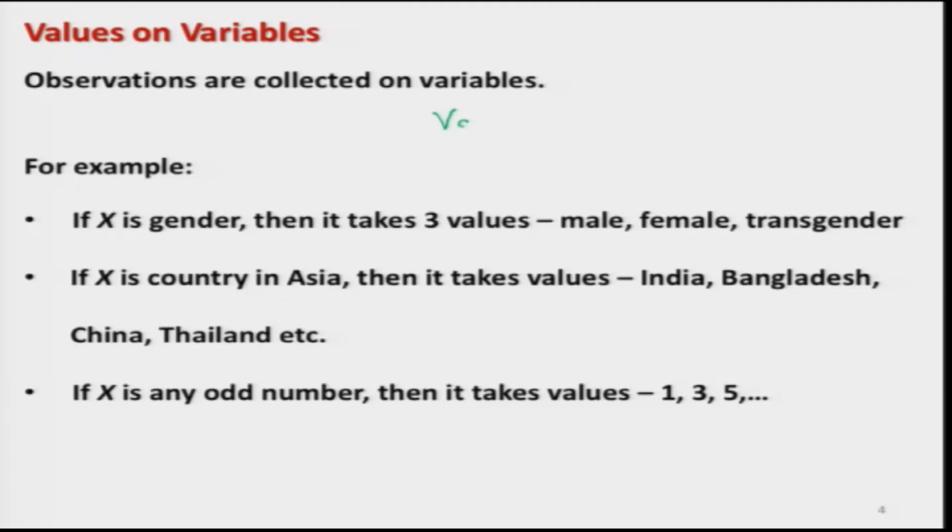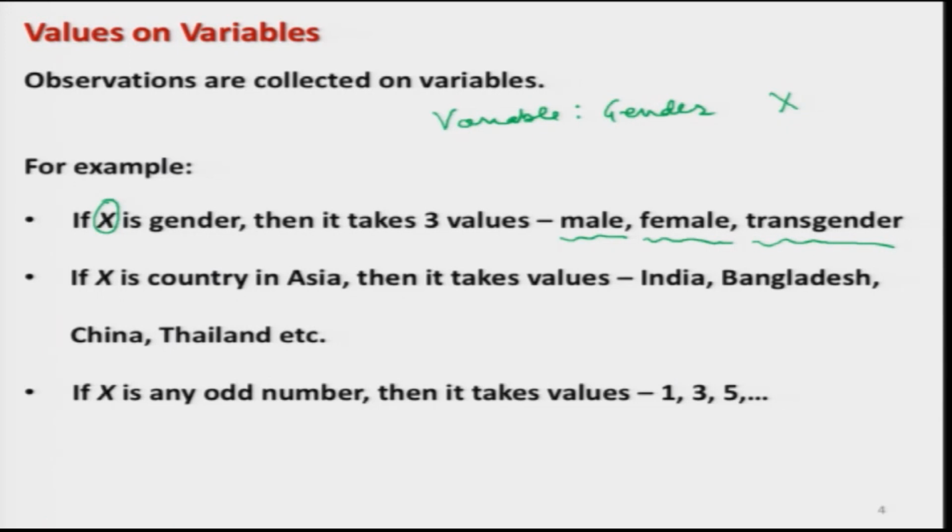In that case, my variable will be the gender of the student, and this I will denote as capital X, typed in italics. And this variable will take three possible values: the student can be male, female, or transgender.